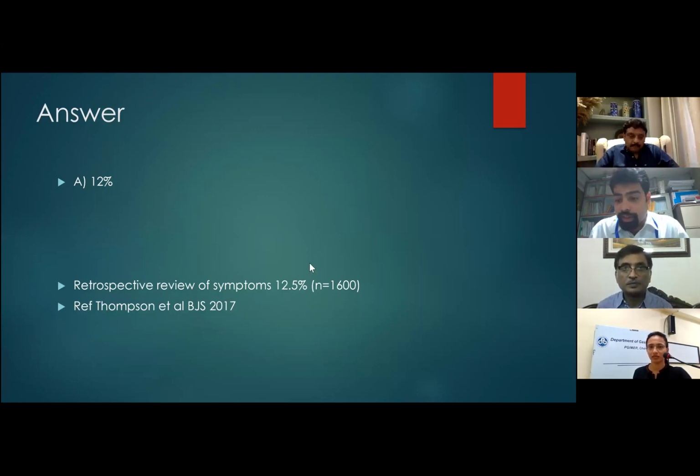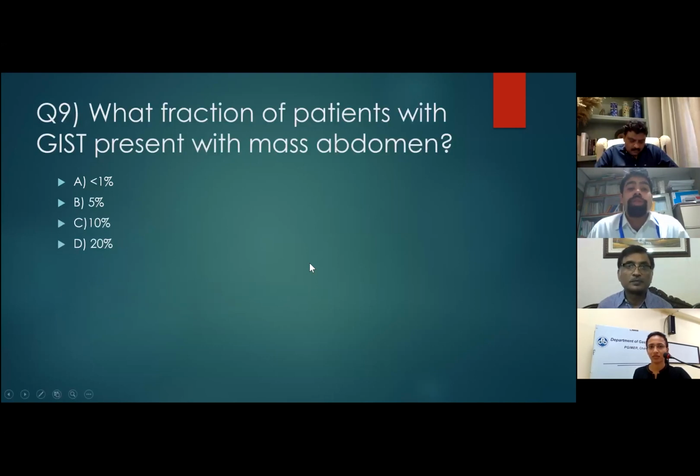So we'll run another question. Since GIST was initially one of the differentials, what fraction of patients with GIST present with an abdominal mass? The audience are invited to vote on this. Yogita ji, can we run the poll again?